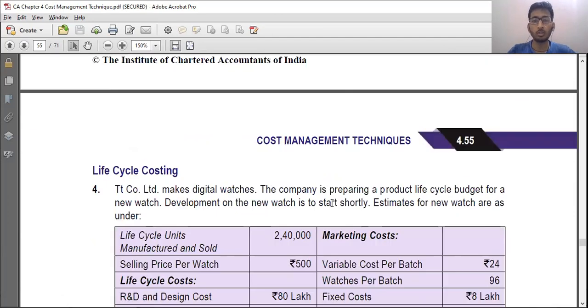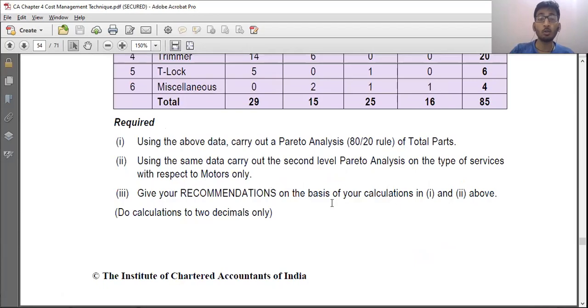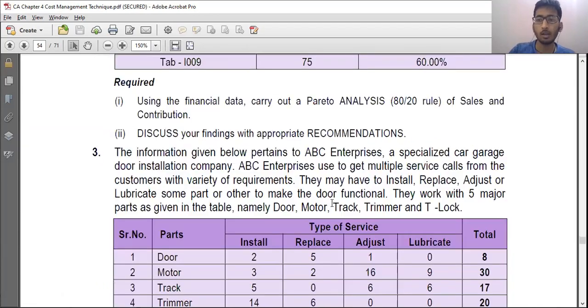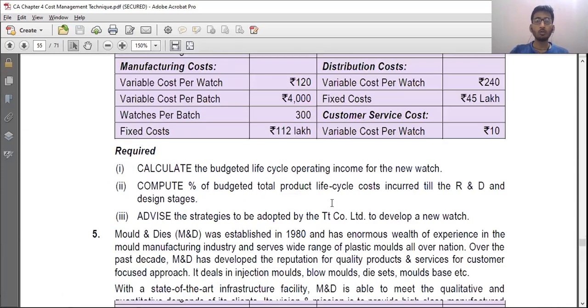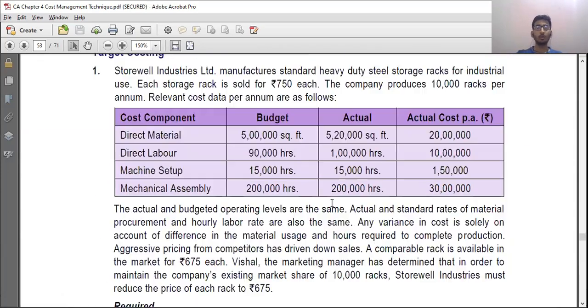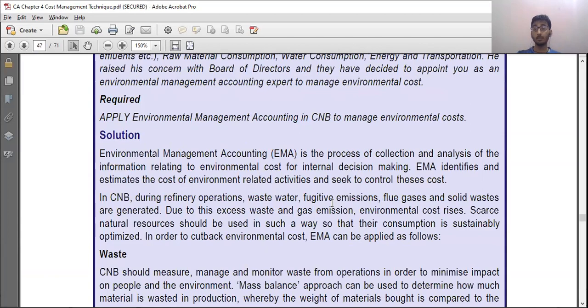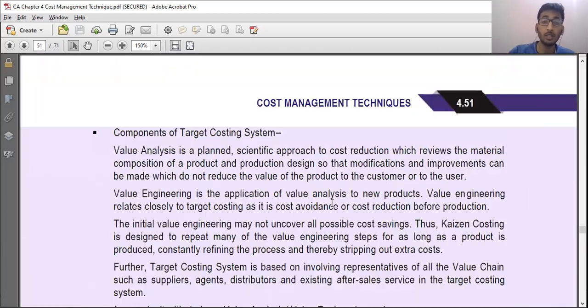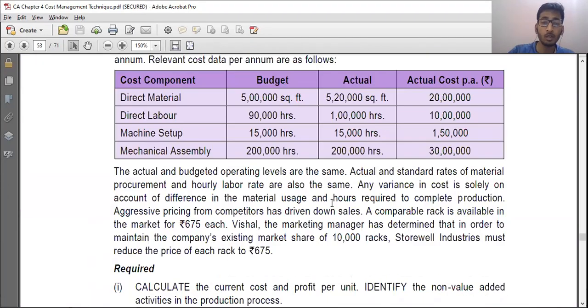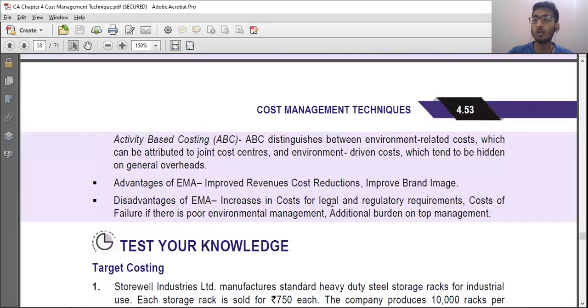Three questions are here in the test your knowledge section related to product life cycle. The answers are also given here, but since I've explained the things very, very much, I really want you to solve this topic, because it's specifically written here: test your knowledge, not mine. It's testing of your knowledge.